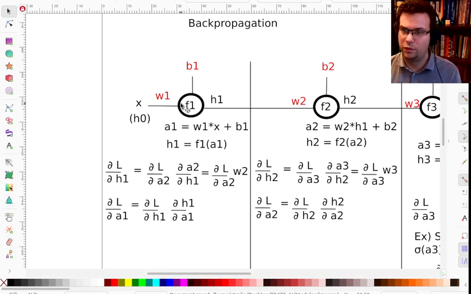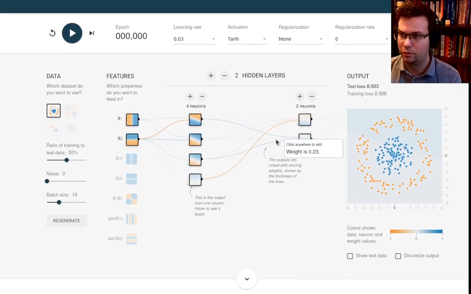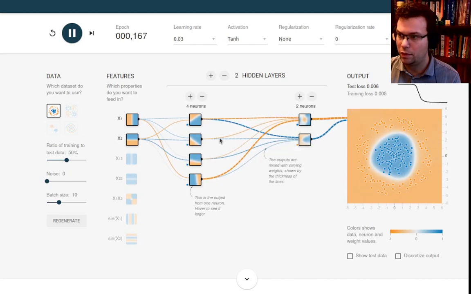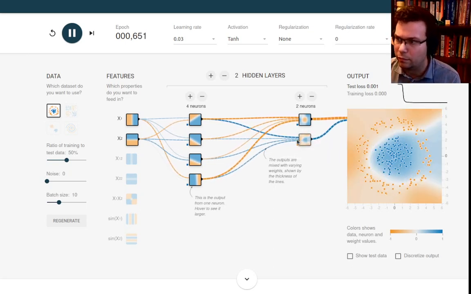Okay, but just to show you, TensorFlow Playground depicts backpropagation in a certain way. It shows us here that the forward stuff is flowing here, but then backpropagation flows back through these lines from the loss at the output back to the beginning.